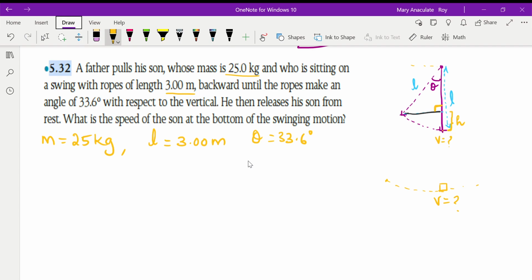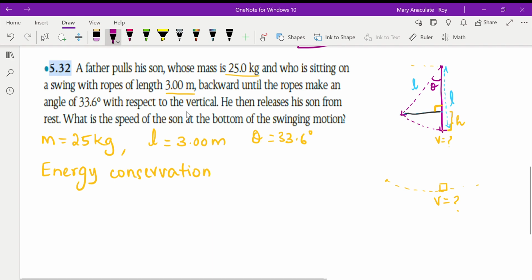So here we know that energy conservation can be used. Okay, that's a hint here. We are going to use the concept of energy conservation. What is that? When it is raised at this point, it possesses GPE, gravitational potential energy, that gets converted to kinetic energy, and the kinetic energy in the middle will be equal to the maximum, and then it keeps decreasing in the opposite direction.